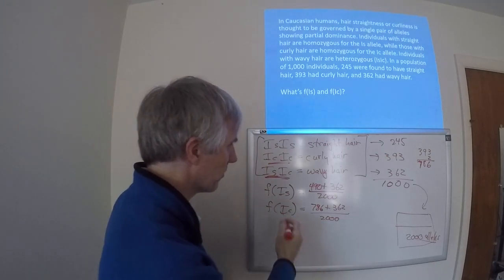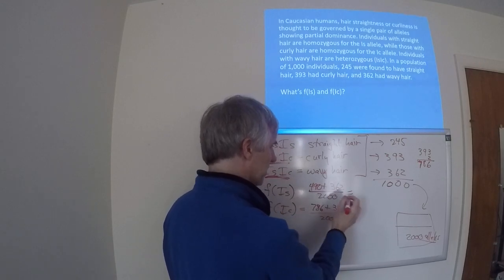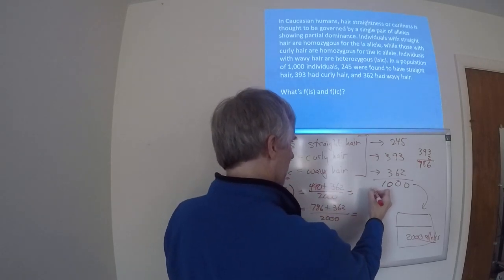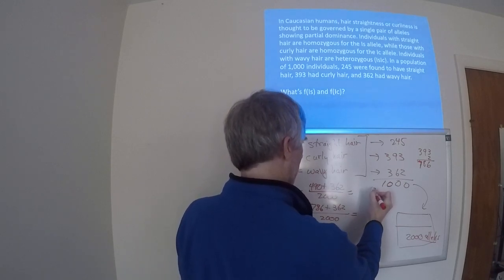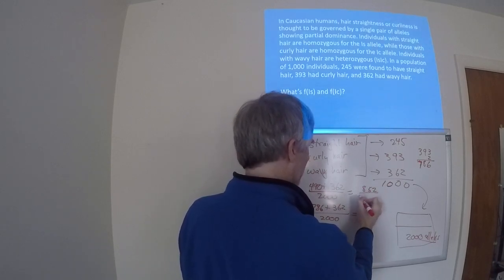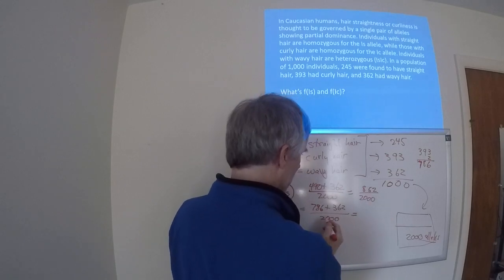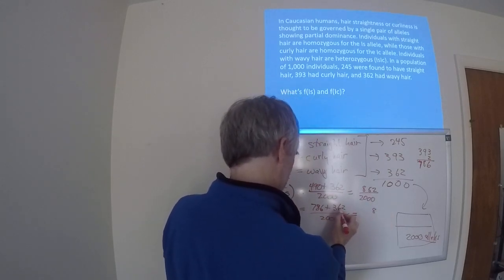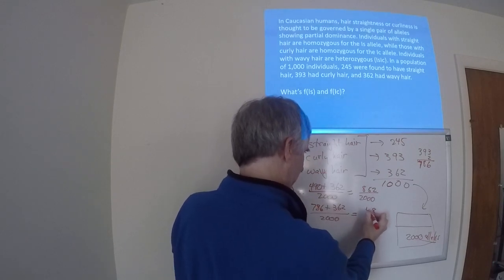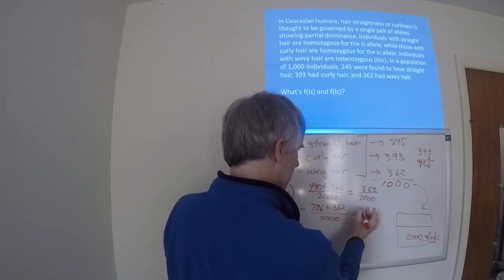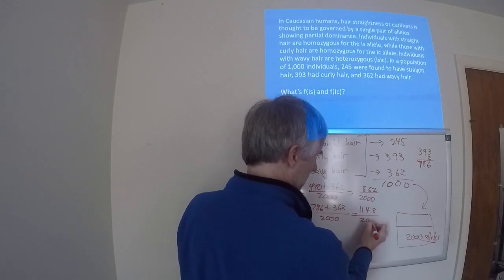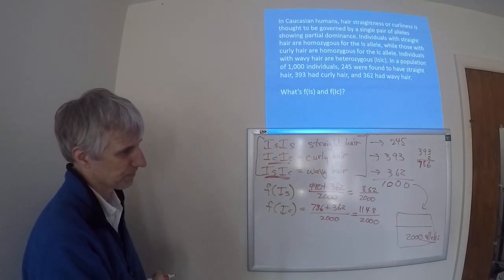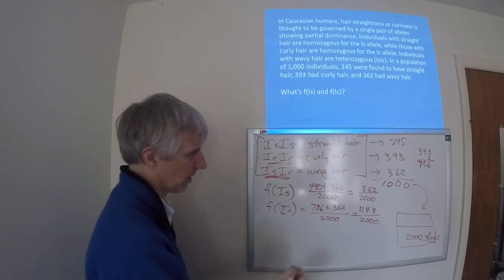Okay? All right, then we can add up the numerator here. 490 and 362 is 852 over 2,000. And here, 786 plus 362 is 1148, over 2,000. Okay? All right.